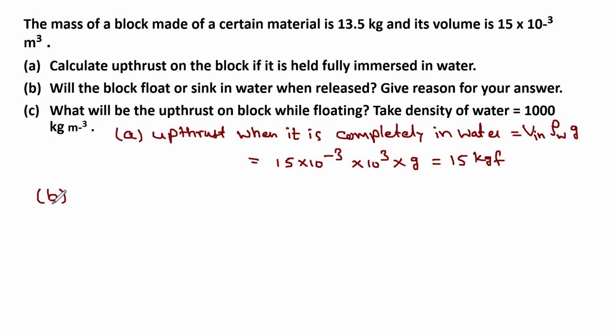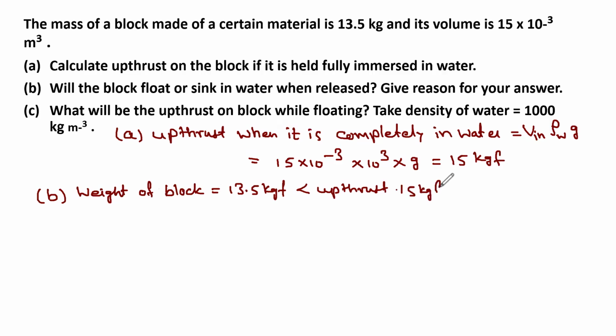Now in part B, the question is, will the block float or sink in water when released? So here you can see the weight of the block is 13.5 kgf, which is less than the upthrust. That is, upthrust is 15 kgf. So since the downward force or weight is less, but the upward force or upthrust is more, what will happen?